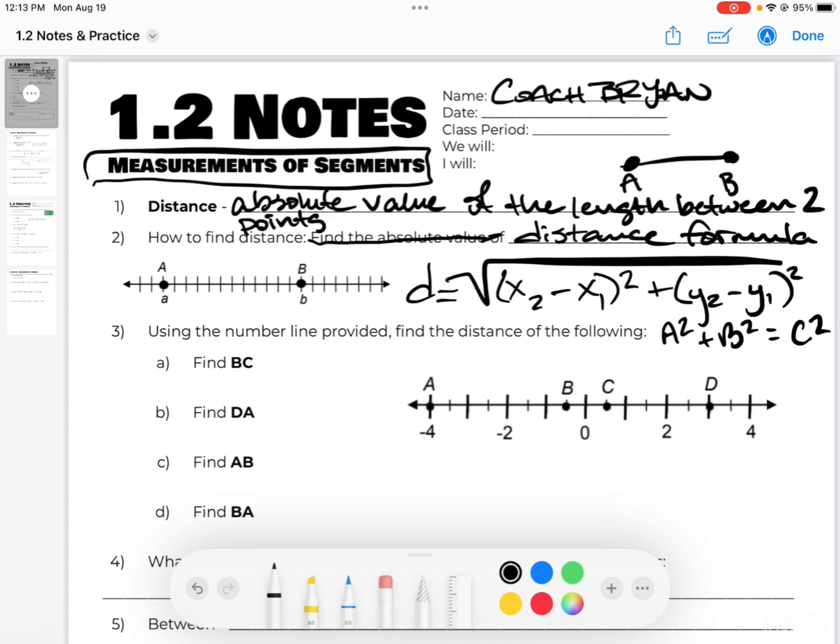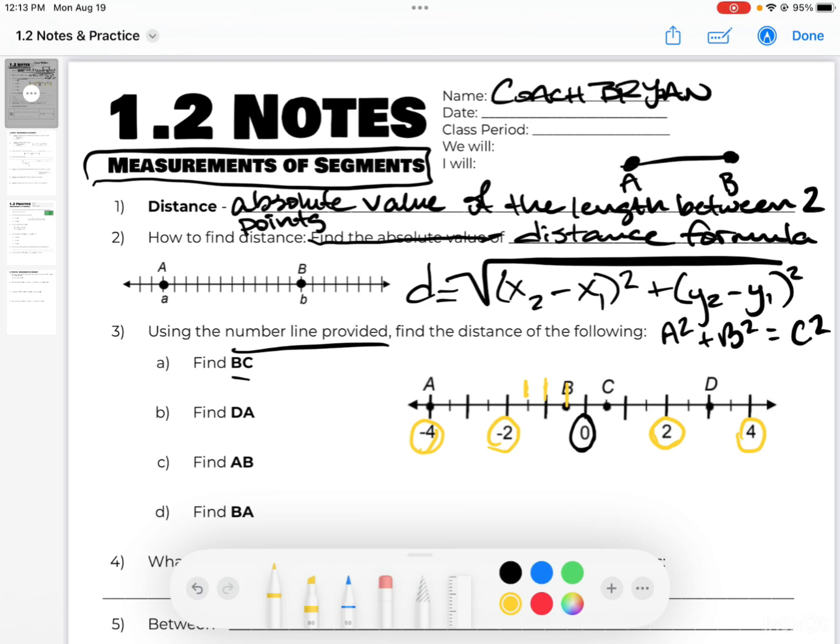And so it says, using the number line provided, find the distance of the following. So the first one we're looking for is B to C. And if you look, this number line starts at 0, but it goes up to 2, then 4, down to -2, down to -4. So each one of these marks is not 1.